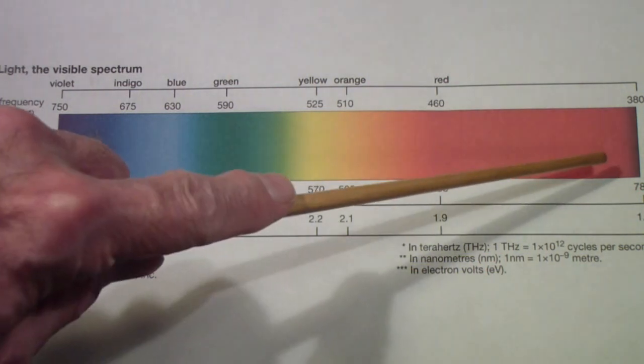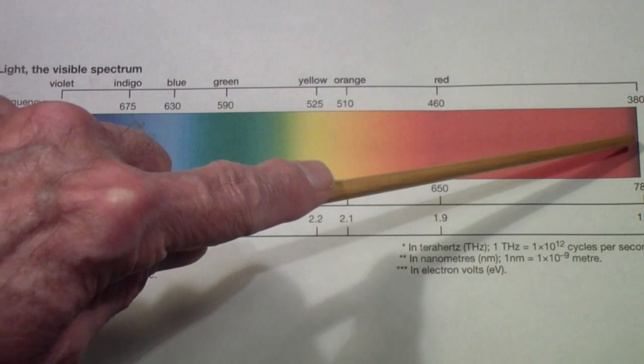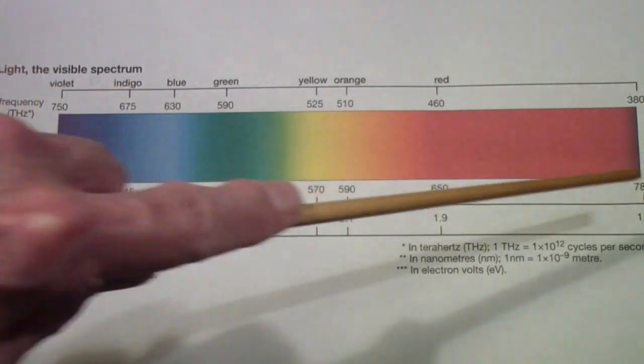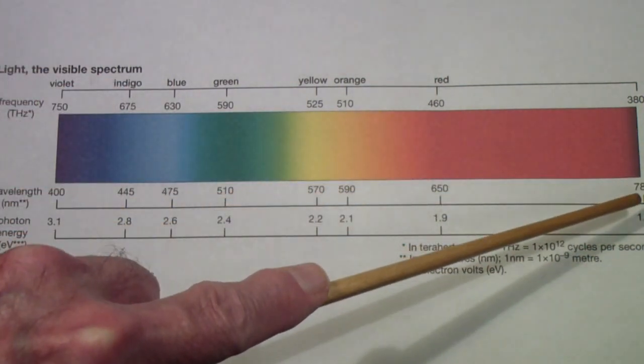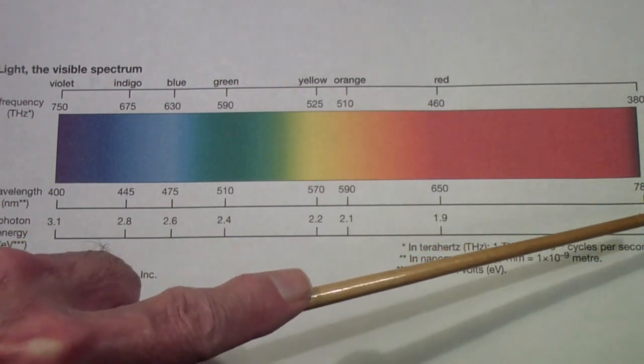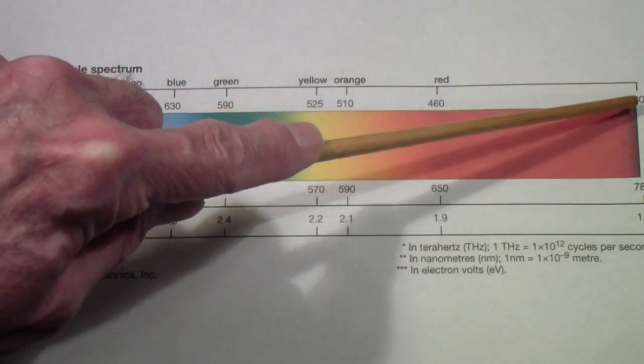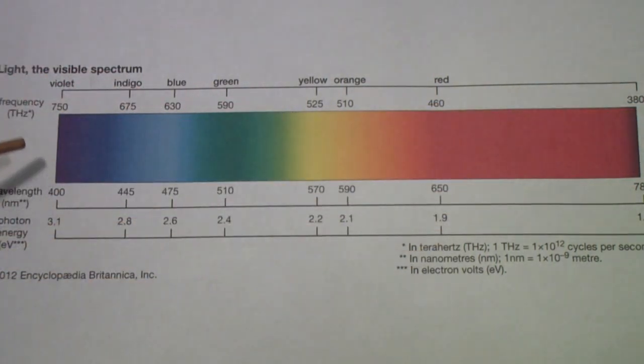On the far right is red and eventually infrared, in other words, past red, and that is a wavelength of about 780 nanometers, or a frequency of about 380 terahertz. On the left is violet, which is around 400 nanometers, or a frequency of 750 terahertz.